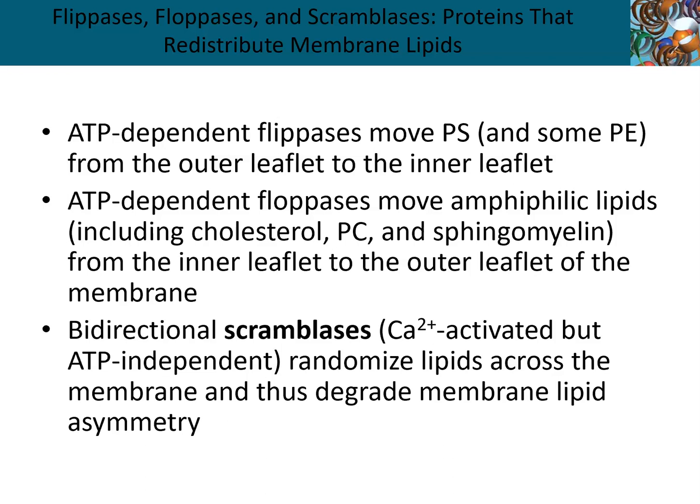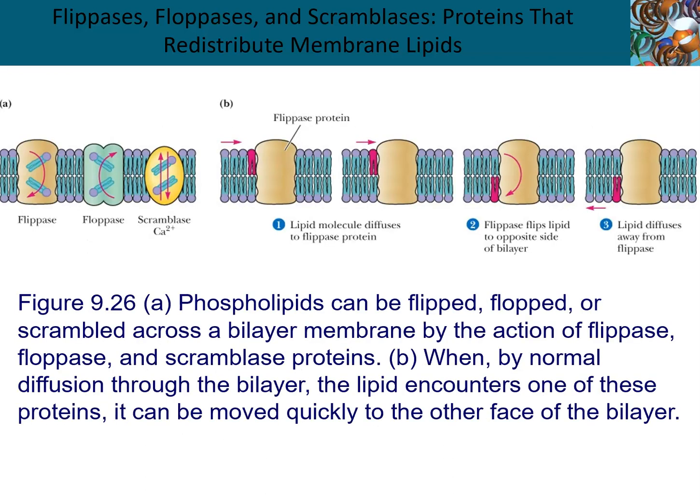The action of something like a scramblase or sphingomyelinase will destabilize the biophysical environment of the membrane in that region, which will help, as everything's reassembling and reasserting itself, allow for that protein to more elegantly be inserted. So, Flippases, Floppases, and Scramblases.